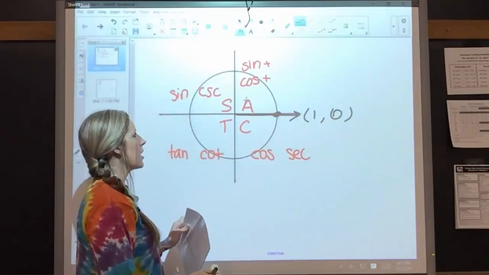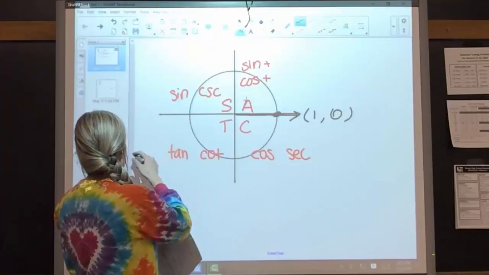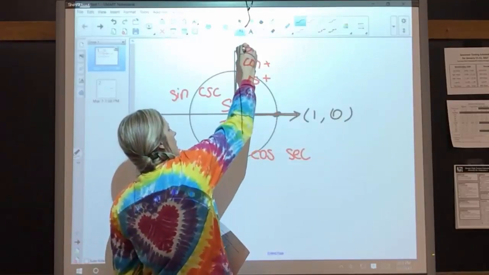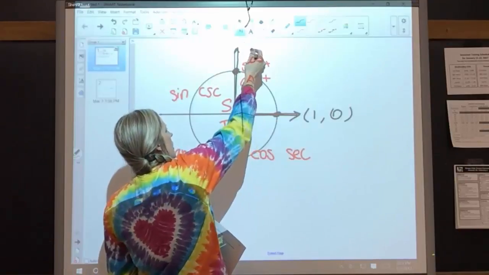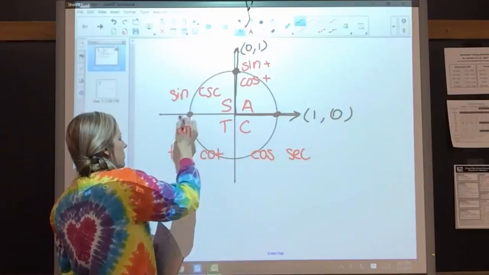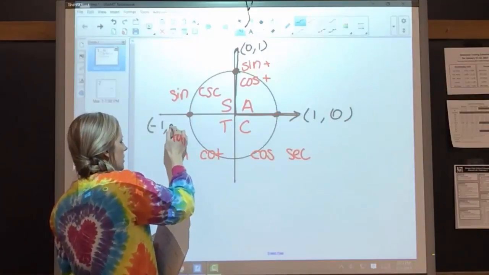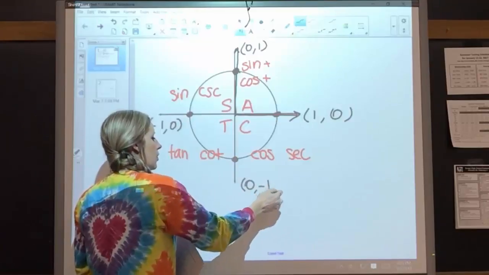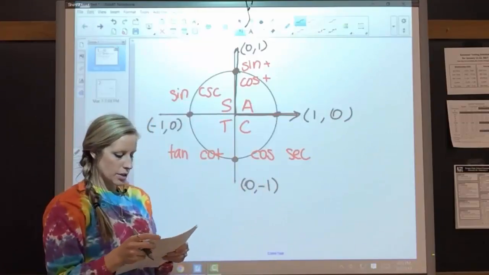So that's what it's talking about whenever it's talking about zero. So if you want to go ahead and label those, the positive y-axis, that point is 0, 1. Then it goes to negative 1, 0, and 0, negative 1. Okay. And that's what we talked about yesterday.